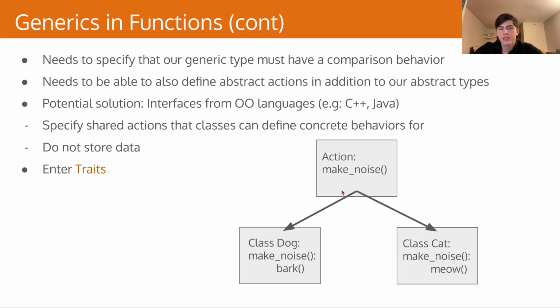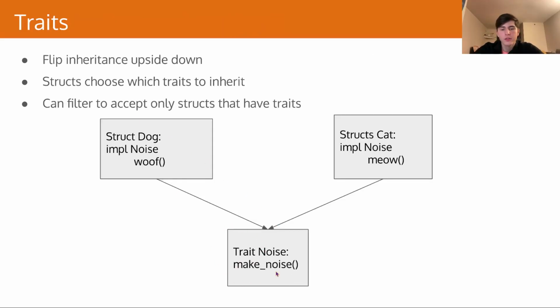But Rust takes a slightly different approach. Instead of this inheritance from the top, we can have a trait called noise, which defines make noise. And we implement noise for dog and we implement noise for cat differently. They're not built from noise, but they both implement it themselves.